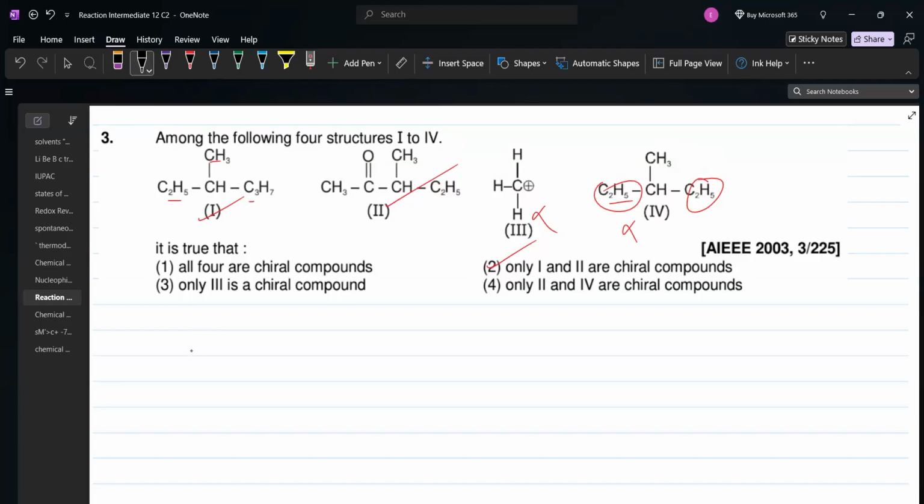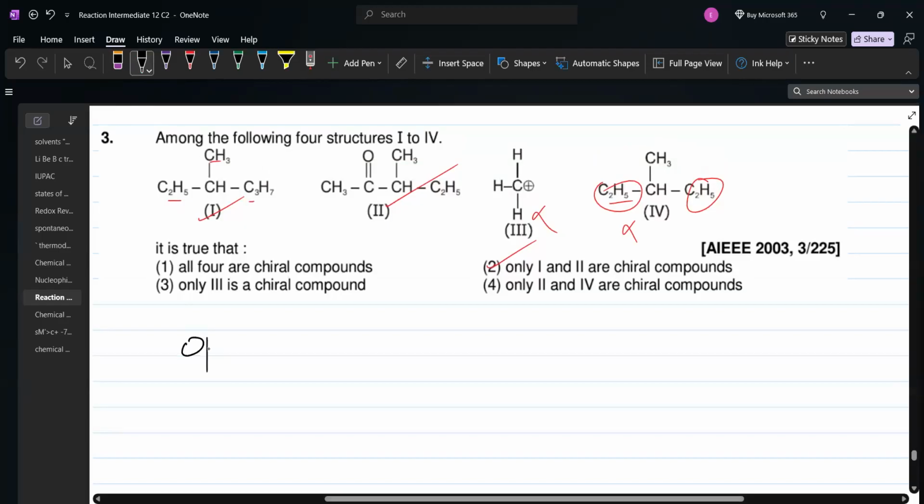So let's move on to the next subtopic, optically active. What are optically active compounds? Please note this with me.